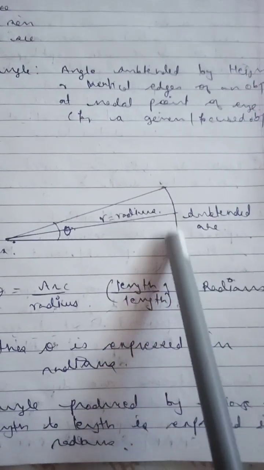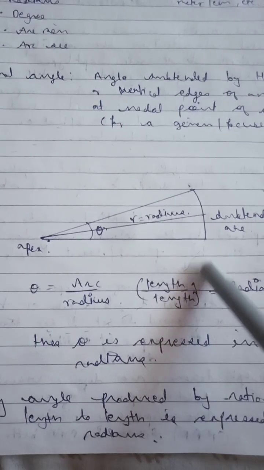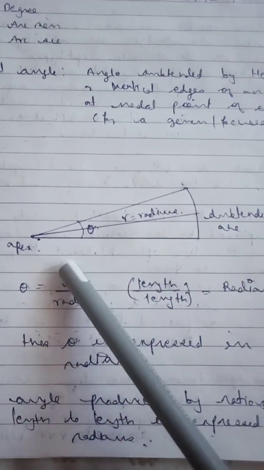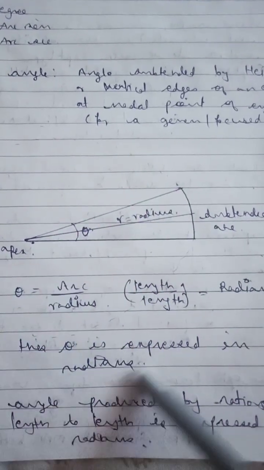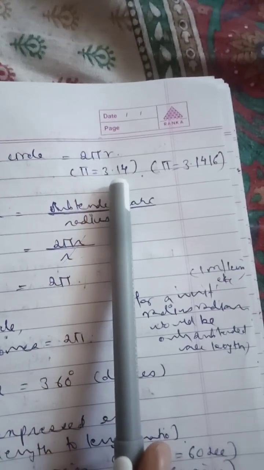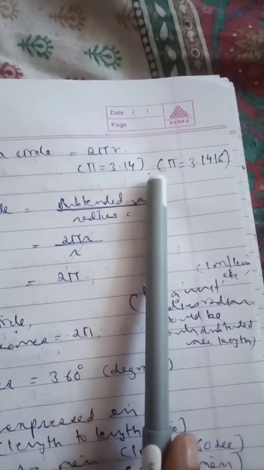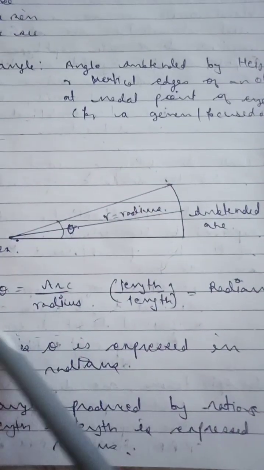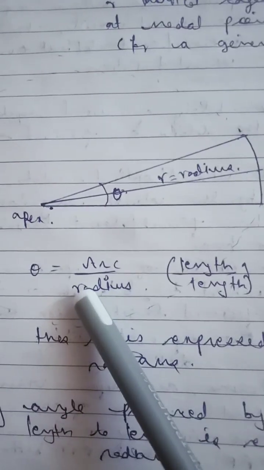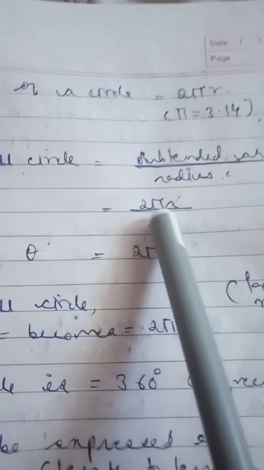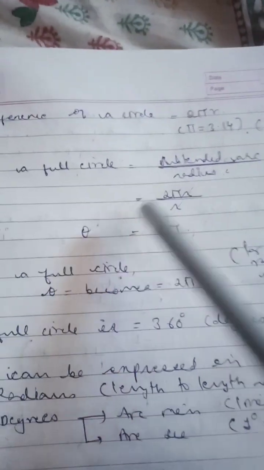Now suppose this is the entire circle. The circumference of a circle is 2 pi r, right? Pi is equal to 3.14, and for a full circle, if we take the subtended arc as the full circle, it becomes 2 pi r, and if we take the radius in this equation, it's 2 pi r by r, so the radius is gone.